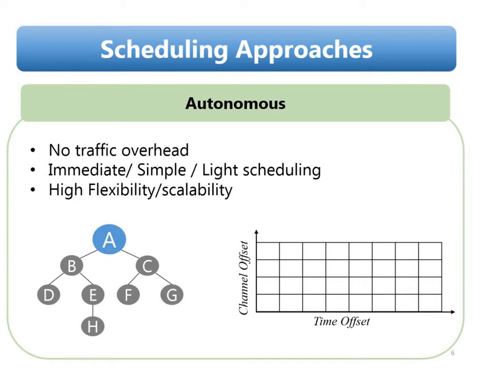There are other scheduling methods categorized as autonomous schedulers, where each node schedules its own slot frame without any negotiation process, not generating traffic overhead. Orchestra is the first autonomous scheduler. The key idea is simple. It utilizes the fact that each node already knows its RPL neighbors and their node ID, such as MAC address.